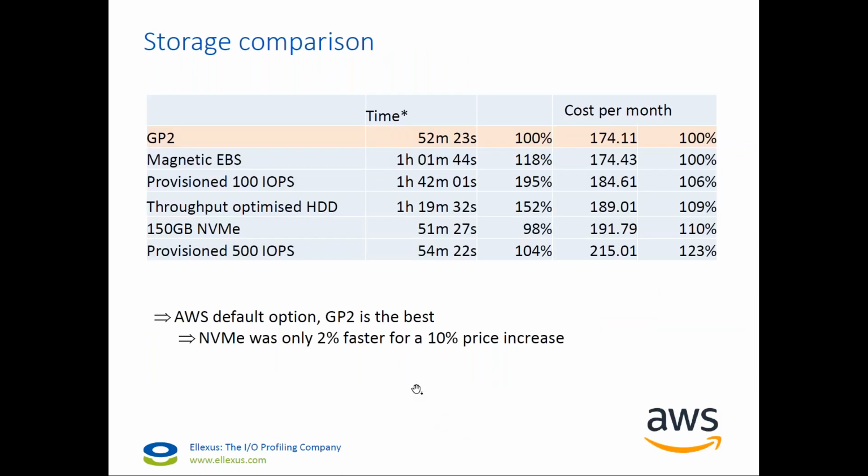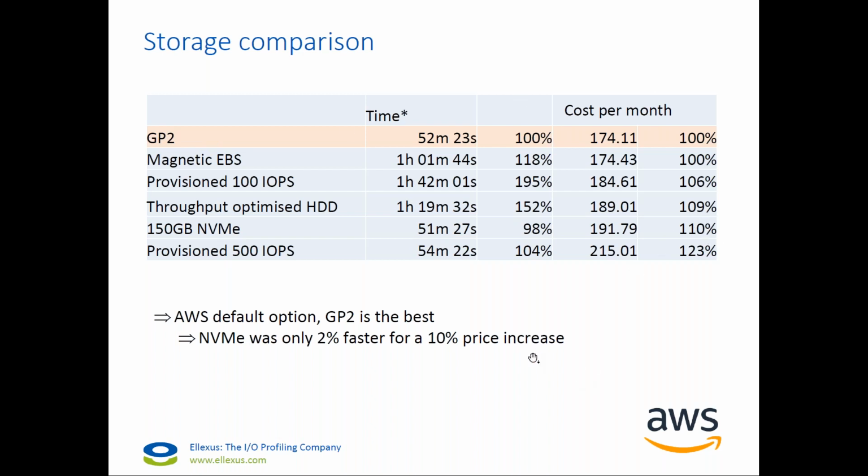And it really pays off, because once we ran this across different types of storage on AWS, we found that although the NVMe storage, which we expected to need for this kind of application, that's generally very IO bound, only gave a 2% improvement compared with the GP2 storage, although it was 10% more expensive.